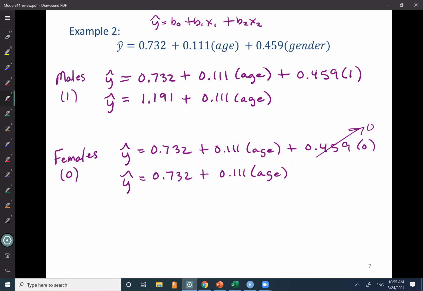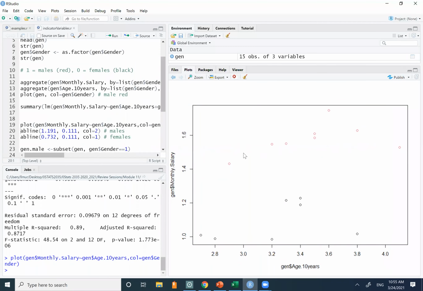And we can look at what this looks like visually. I'm just going to open up R because I prefer R for my plots. Here is the plot of the data showing on the Y the monthly salary, and on the X the age in 10 years. The males are red open circles, and the females are black open circles.